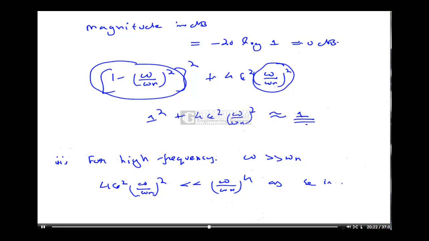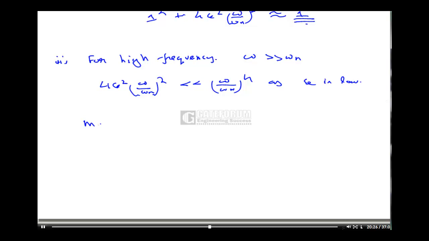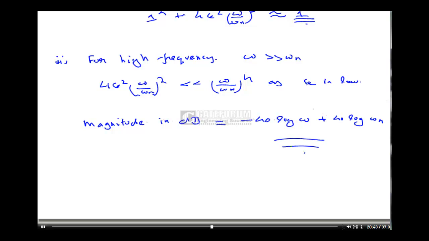Now in this case magnitude in dB is equal to minus 40 log omega plus 40 log omega n. Okay, so these were the few approximations and the few different types of factors involved in plotting the Bode plot.